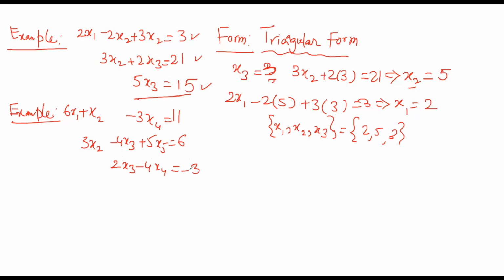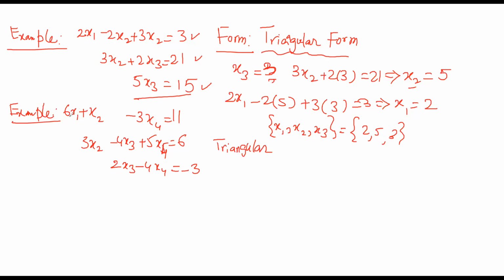So in this case, how many equations do you have? 3 equations. But how many variables? 4 variables. So we have 3 equations and 4 variables. But the form of this equation is triangular.